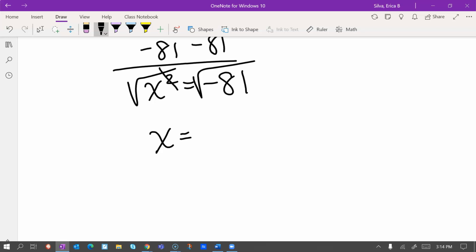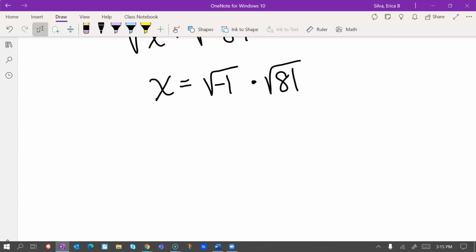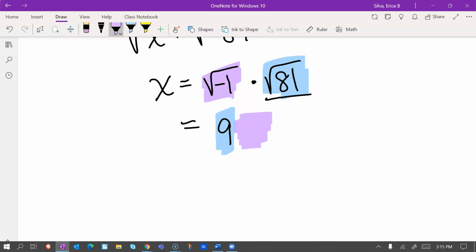And remember, we can't have a negative number inside, so we break that up into negative 1 times positive 81. This becomes 9. The square root of 81 is 9, and the square root of negative 1 becomes i.